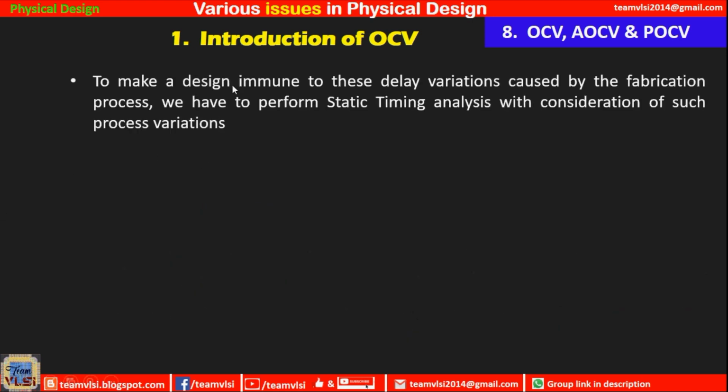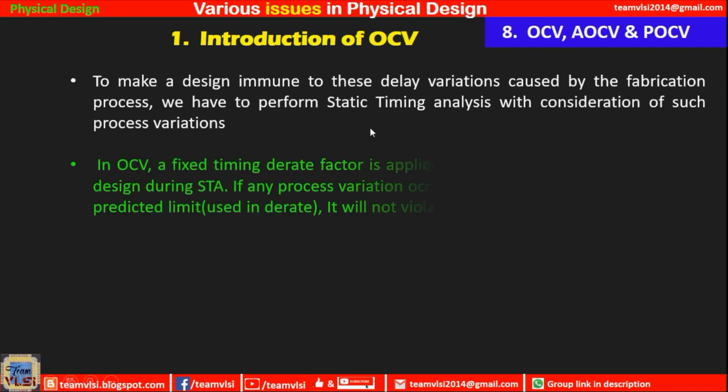To make the design immune to these delay variations caused by the fabrication process, we have to perform static timing analysis with consideration of such process variation. While doing static timing analysis, we have to consider that such variation may occur during fabrication, and we have to predict the corresponding delay and add it while doing the static timing analysis.